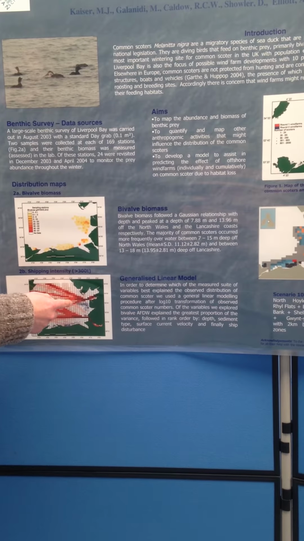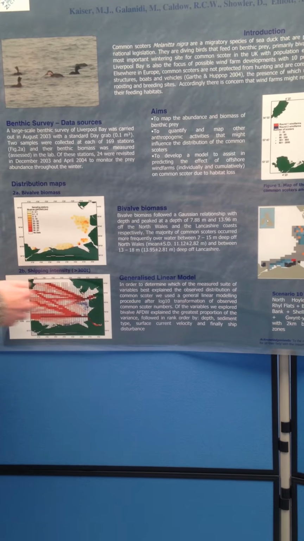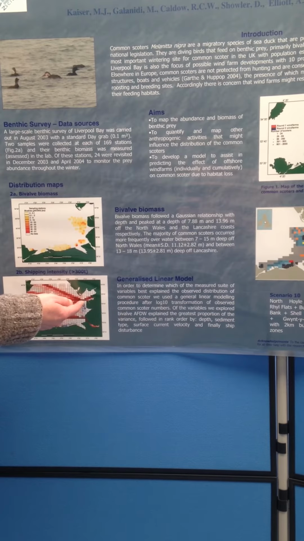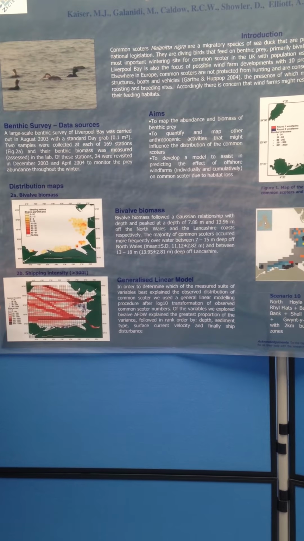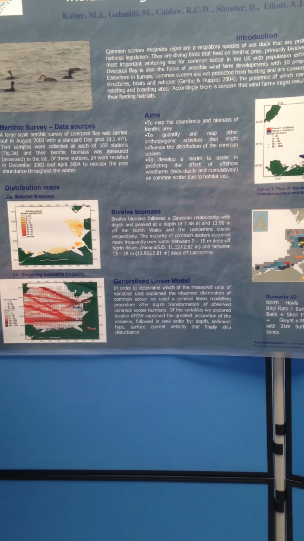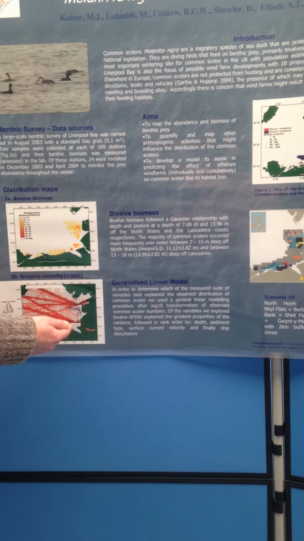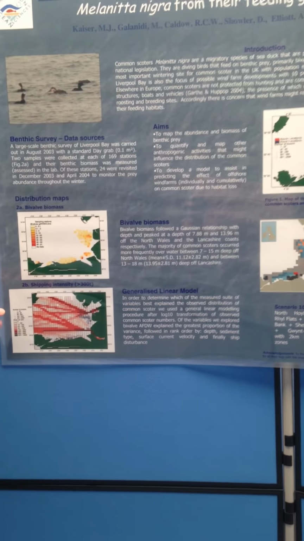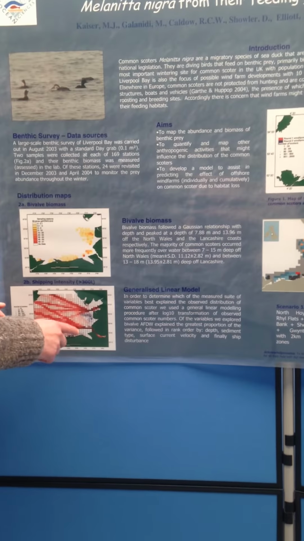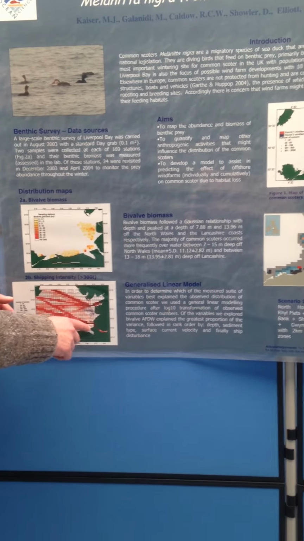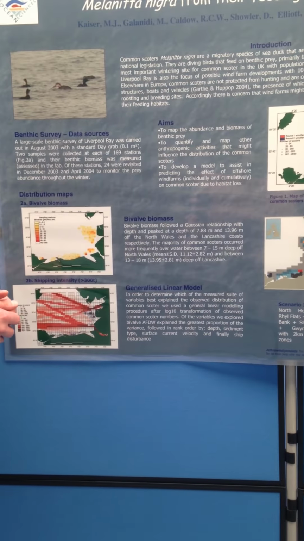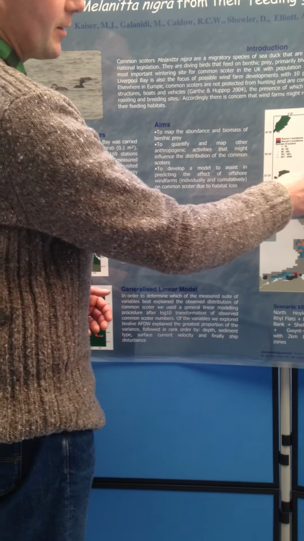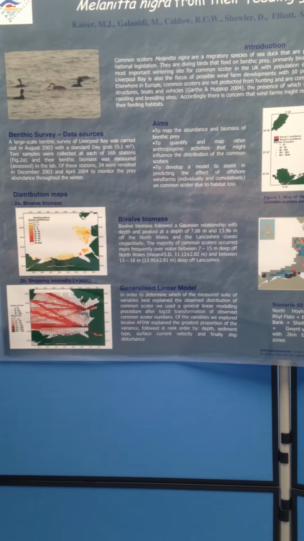So the thing that we can note from this is when we overlay the distribution of the birds, we see that the birds are placed well away from the boat traffic disturbance to the north, and also the majority of the boat traffic avoids the birds in their disposition off the North Wales coast. But the thing that's very interesting is we see a very heavy concentration of marine traffic around the area of the Wirral, and of course that's the area where there were no birds associated.